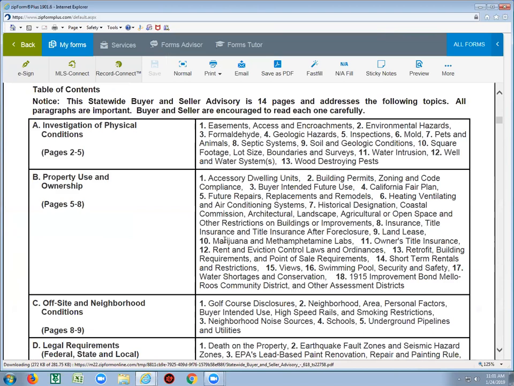Short-term rental restriction, that's more like Airbnb. 15, views, swimming pool, security, safety. 17, water storage, conservation, huge water tanks, those kinds of things. 19, improvement bond, Mello-Roos Community District, and other assessment districts. Okay, that's what we talk about, the property use and ownership.